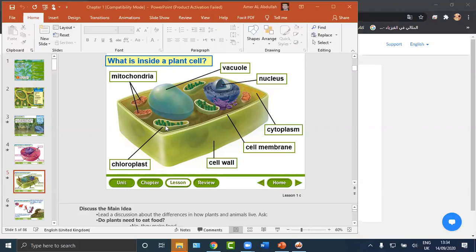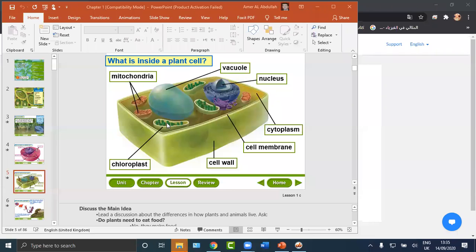Now, chlorophyll is able to use the energy in sunlight. I will repeat: chlorophyll is able to use the energy in sunlight.